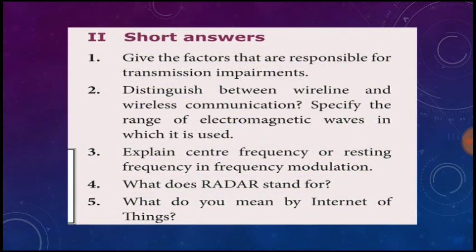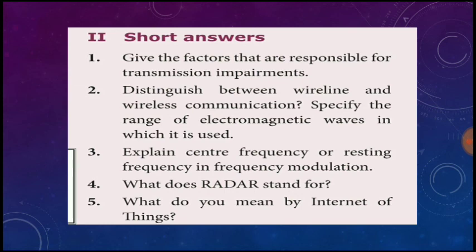Next, short answers. First one, give the factors that are responsible for transmission impairments and distinction between wireline and wireless communication. Specify the range of electromagnetic waves in which it is used.